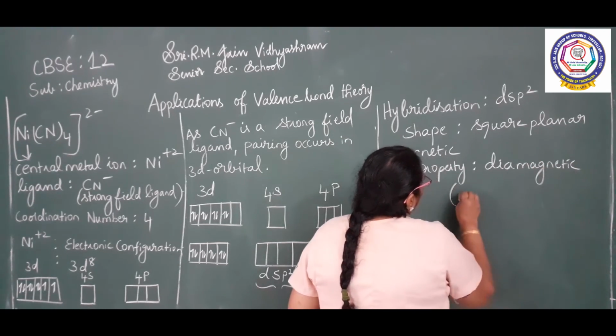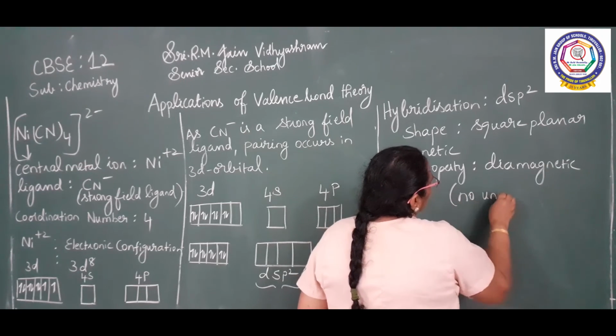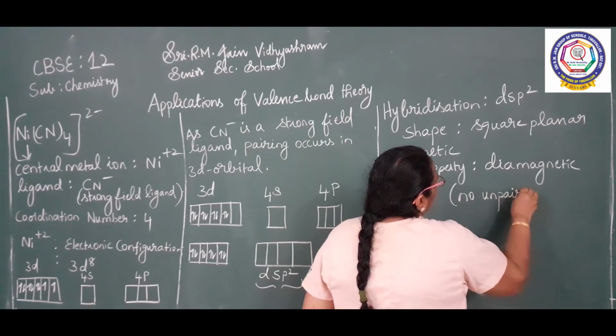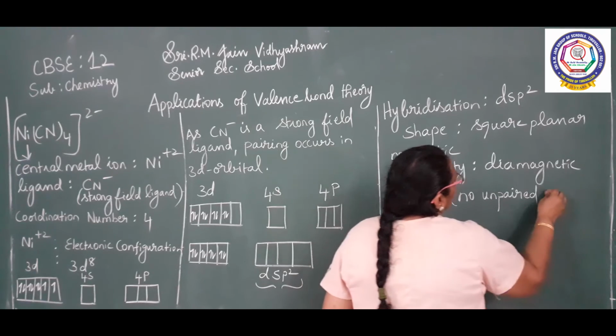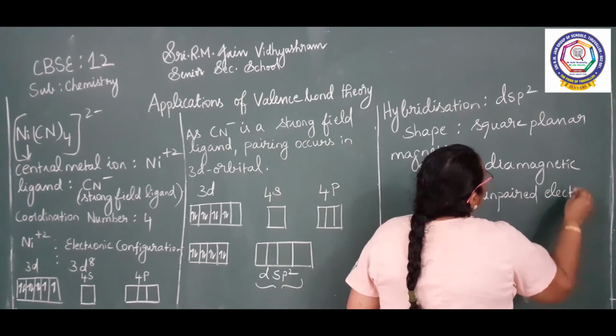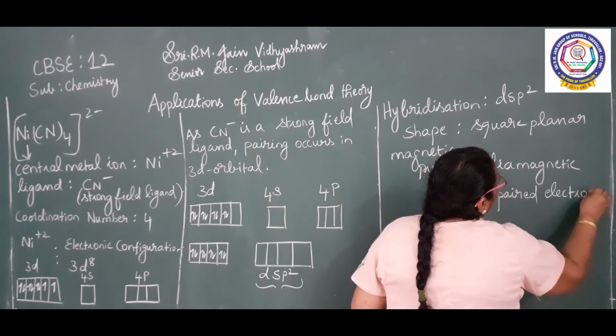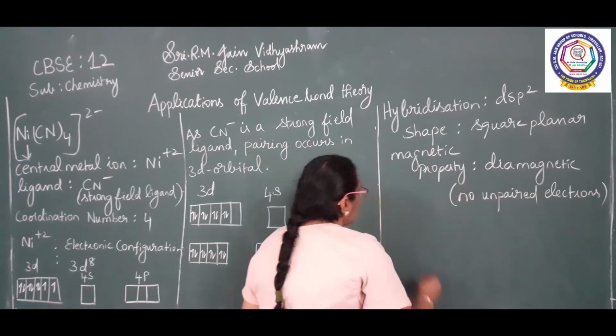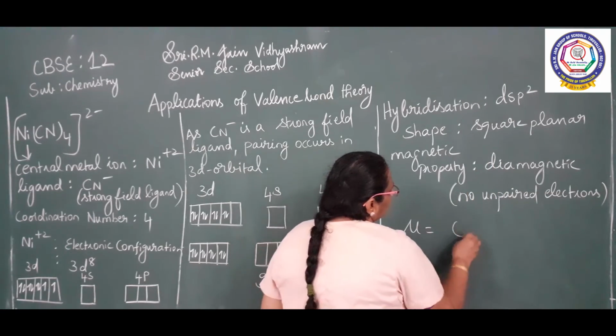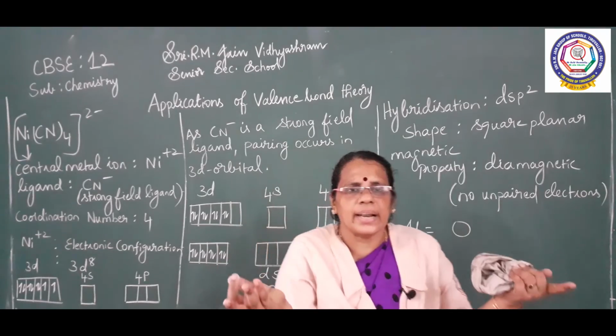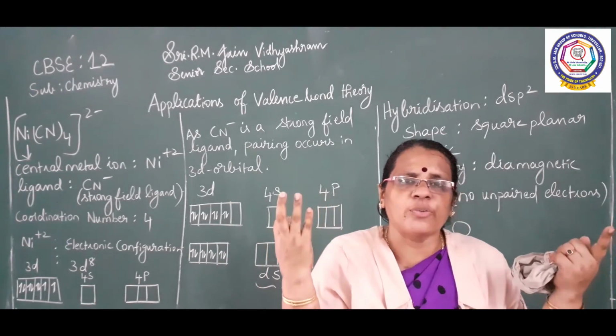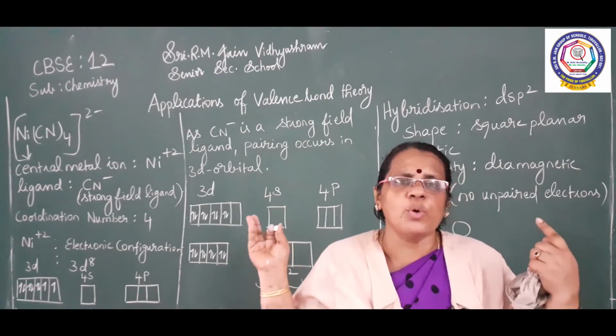No unpaired electrons. So the complex is diamagnetic in nature as there is no unpaired electron. What will be the mu value? 0. As there are no unpaired electrons, we cannot find out a mu value.